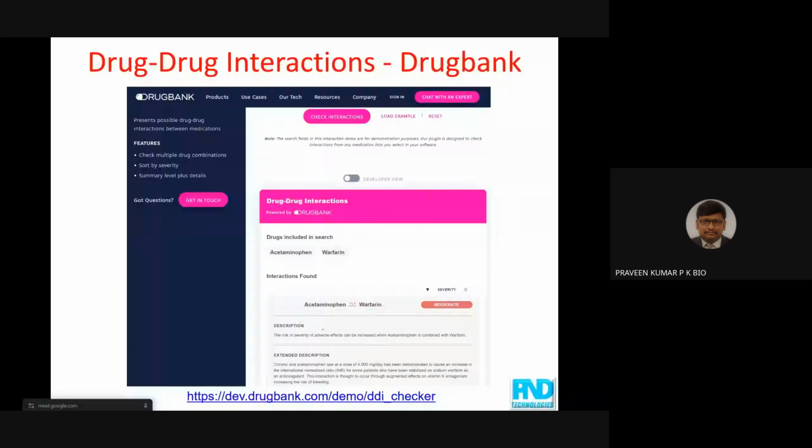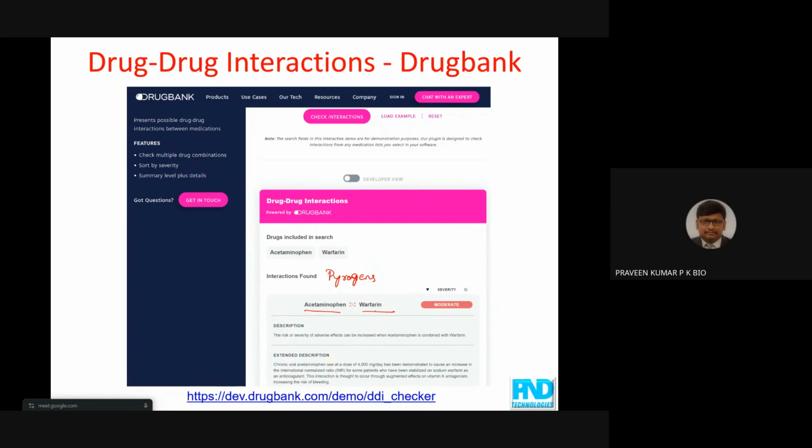Here in this example, I have checked acetaminophen with warfarin. Acetaminophen, paracetamol, is to relieve pain. We take it to relieve the high temperature caused by pyrogens, the foreign matter, and also to relieve pain. Warfarin is a blood clotting agent.